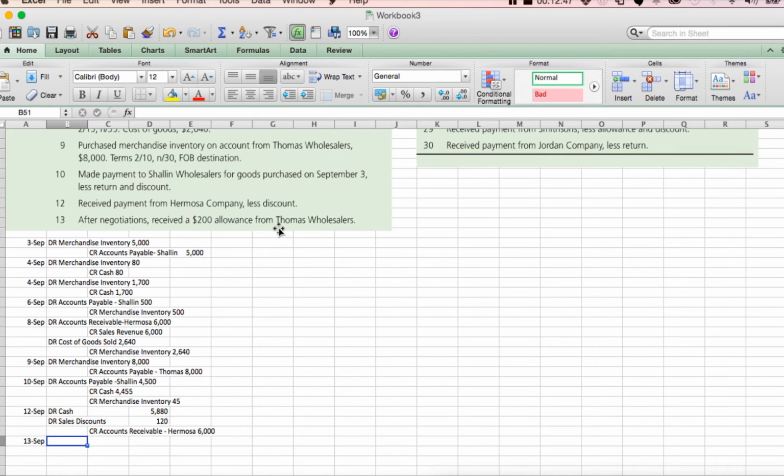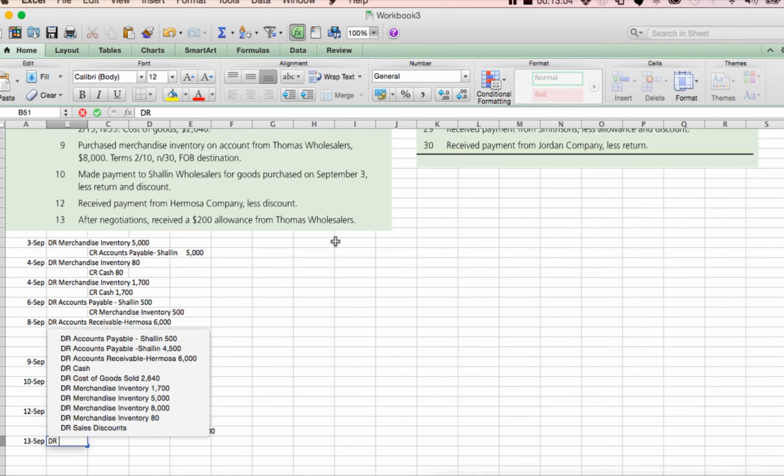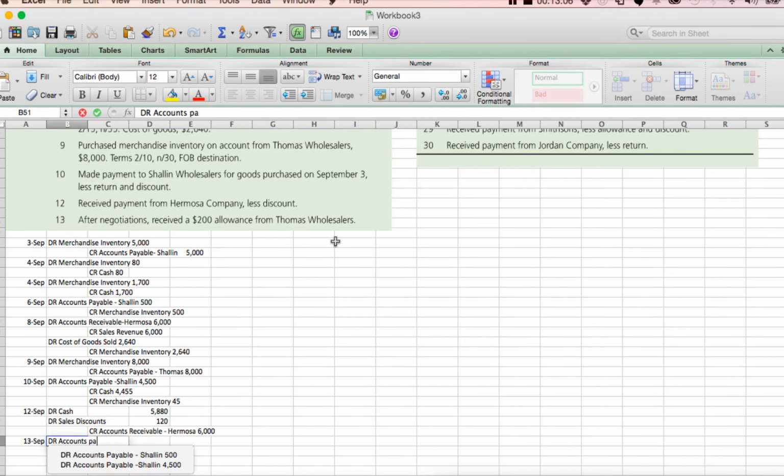So what we're going to do here is essentially the same thing that we would have done if we were returning $200 worth of inventory to Thomas Wholesalers. So we're going to debit accounts payable, Thomas, for $200, and we're going to credit merchandise inventory for $200. Okay, so that takes care of the 13th.